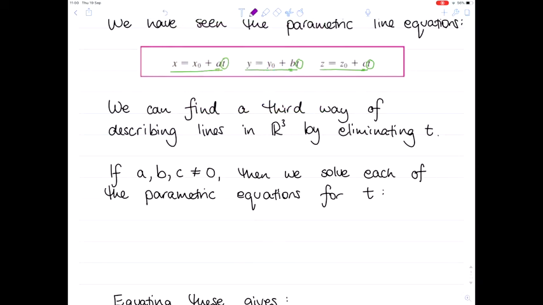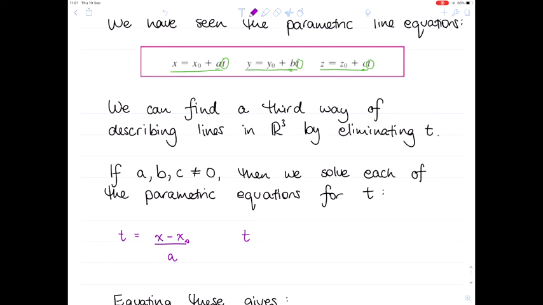So if our a, b, and c are not equal to 0, then we can solve each of these 3 equations from our parametric equations for t. So we'll get t from our first equation for x, we get t is equal to x minus x naught divided by a. So now you can see why I said a is not allowed to be equal to 0.